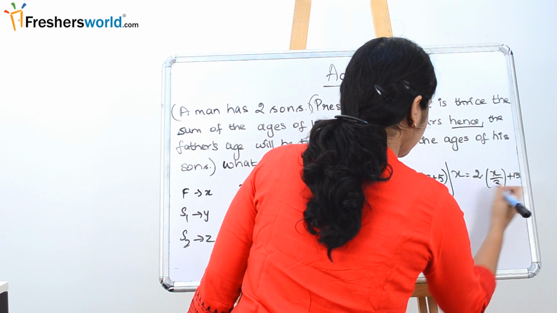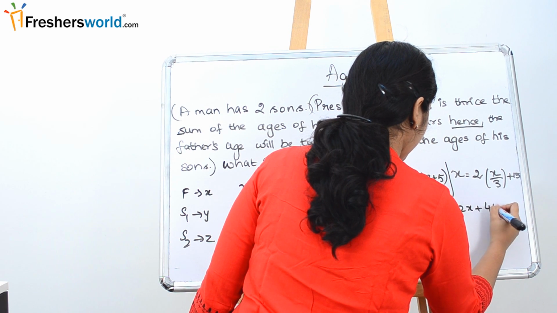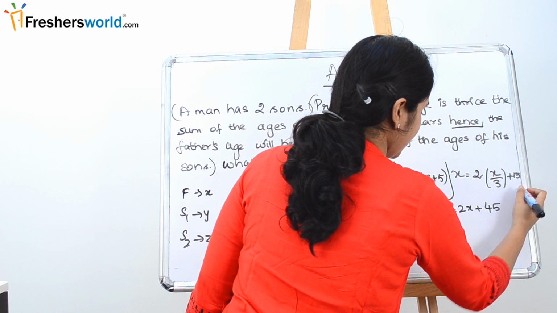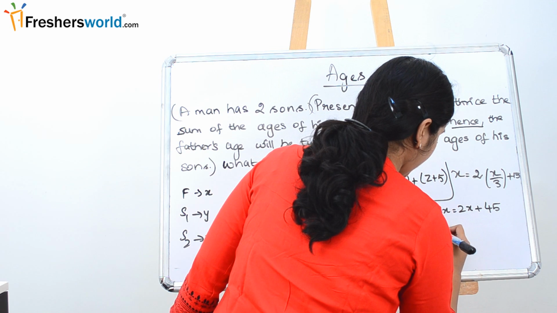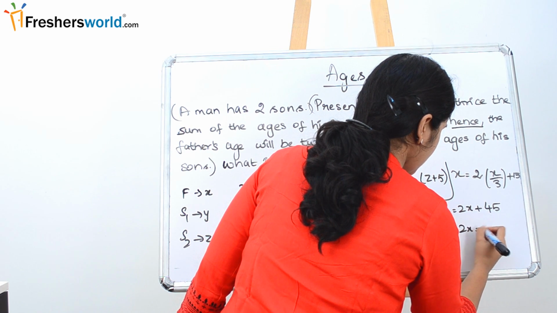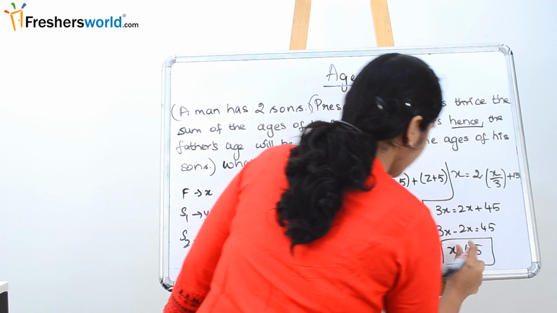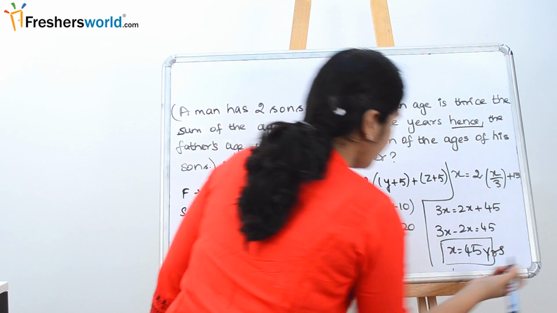So, I am cross multiplying it and making it a common denominator. The 3 goes here, so it becomes 3X is equal to 2X plus 45. So, 3X minus 2X is equal to 45 and X is equal to 45. What is X? X is the father's age. So, the father's age is 45 years.